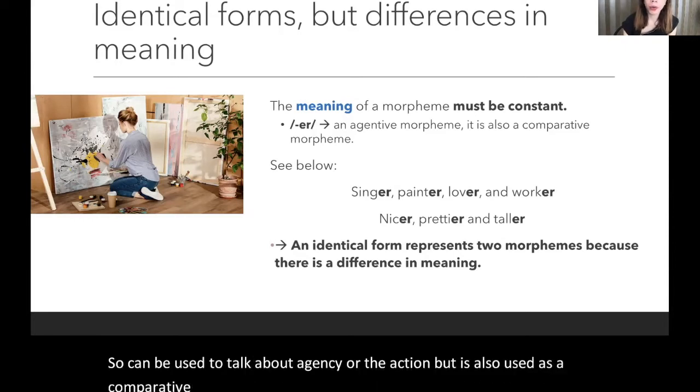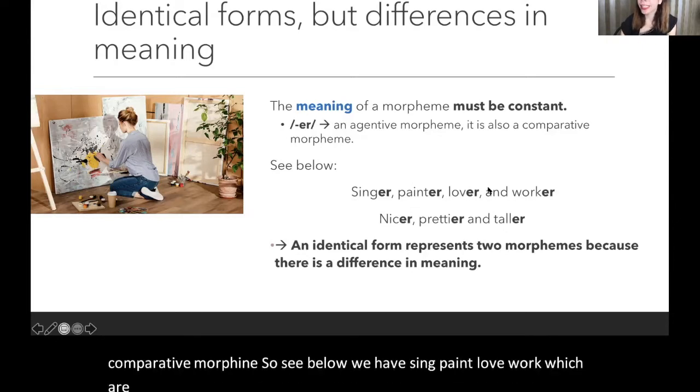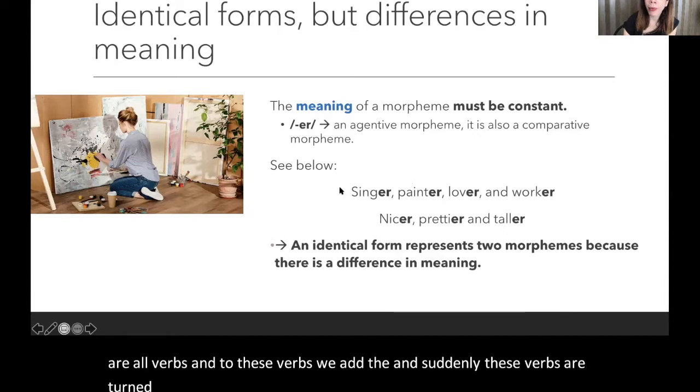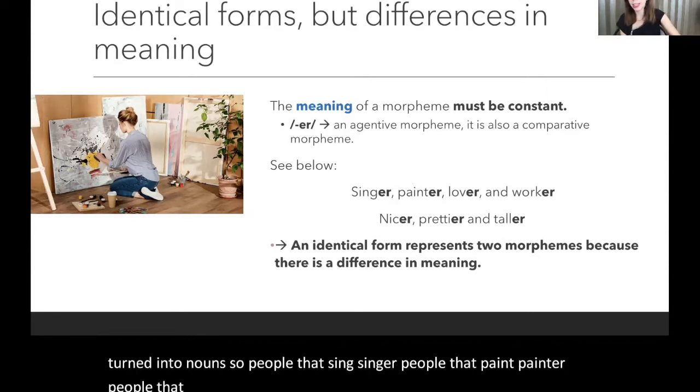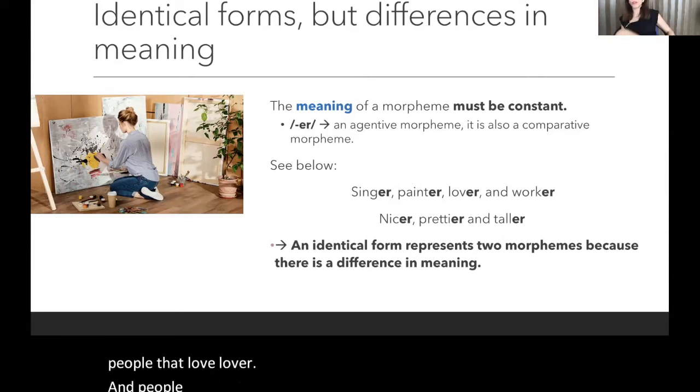So see below, we have sing, paint, love, work, which are all verbs. And to these verbs, we add the er, and suddenly these verbs are turned into nouns. So people that sing, singer, people that paint, painter, people that love, lover, and people who work, worker, right?